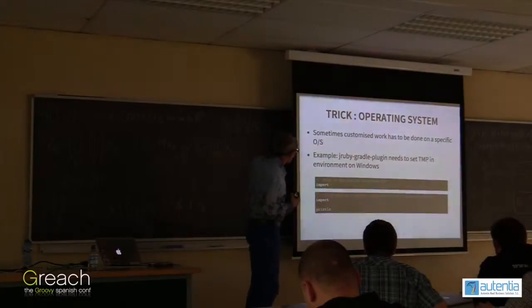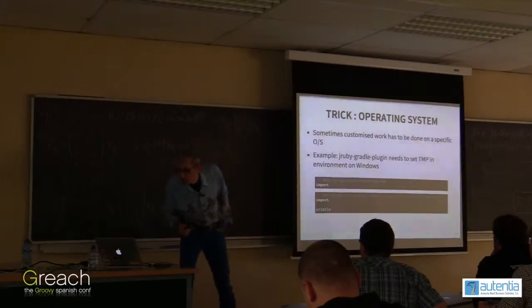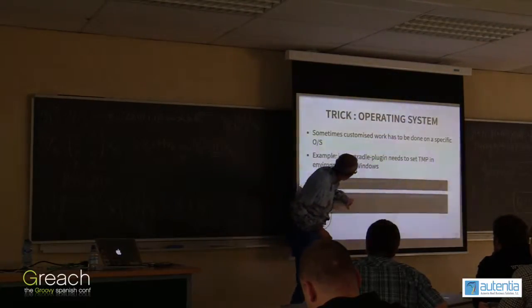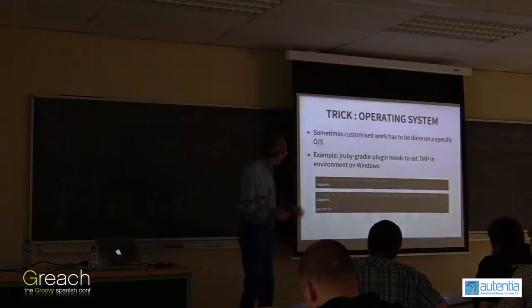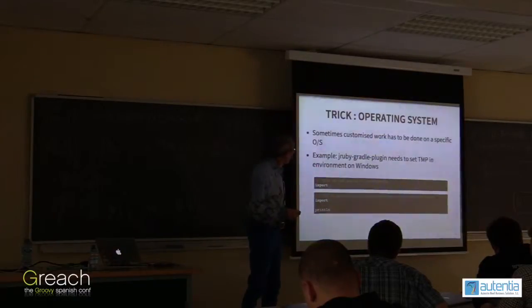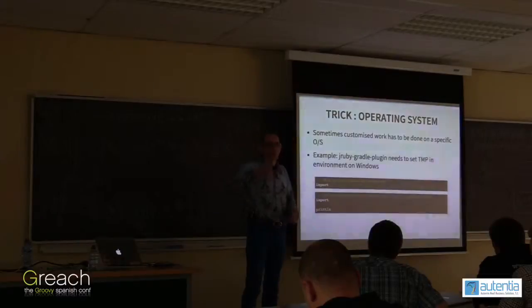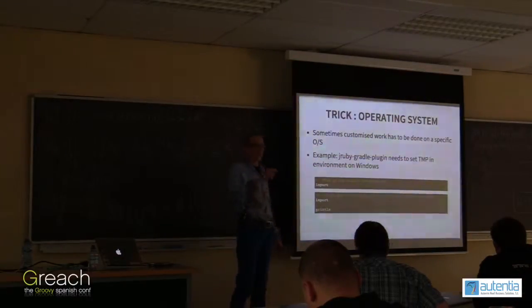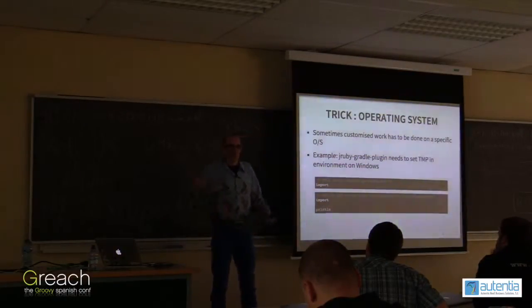So you have to go dig around inside, and it is actually called org.gradle.internal.os.OperatingSystem. That's what you need. And once you have that, you can just say OperatingSystem.current(), and it actually gives you the current one, and then you can use all the things that are defined in the documentation. So you can just say isWindows, and you know you're on Windows, or whatever.